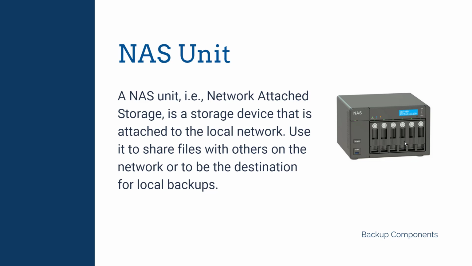You can just take the disk out, put a new one in, and the system will be running the whole time without losing any data. I can't get too much into that, but that's what a NAS unit is. It's network attached storage. It provides storage for you to use that is connected to your network. You can use that storage for your regular files, company files, whatever, or you can use it for storing your backups. All right? Okay.